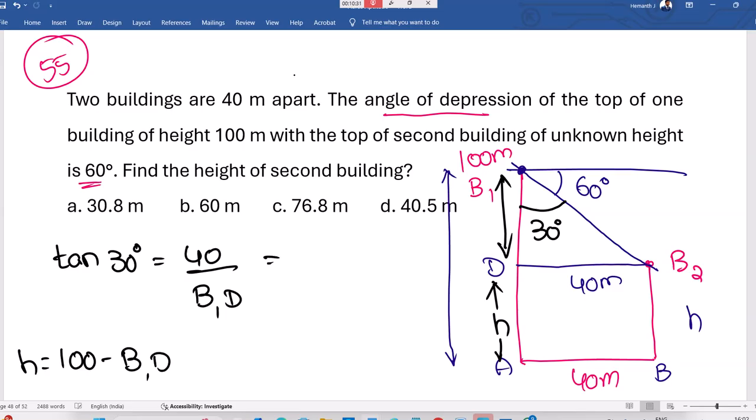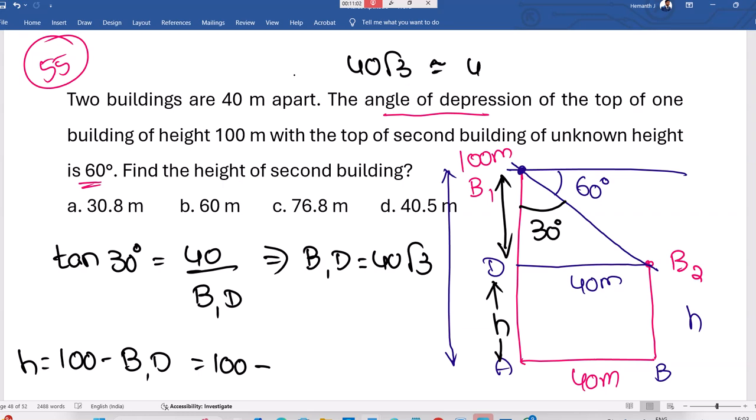So what is B1D? What is tan 30 degrees? 1 by root 3 or root 3? 1 by root 3. Okay, then B1D will be 40 into root 3. So 100 minus, listen, root 3 is 1.732. If you take 40 root 3, approximately 40 into 1.7, it will be around 68.